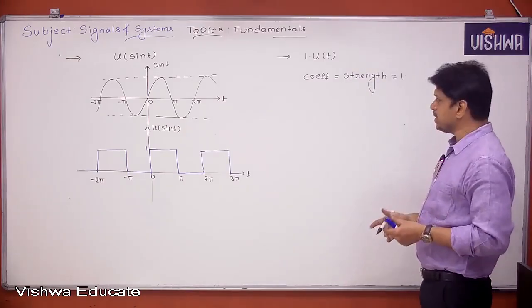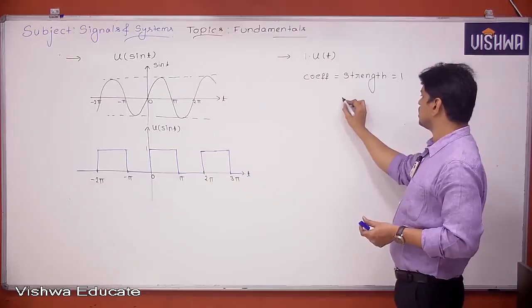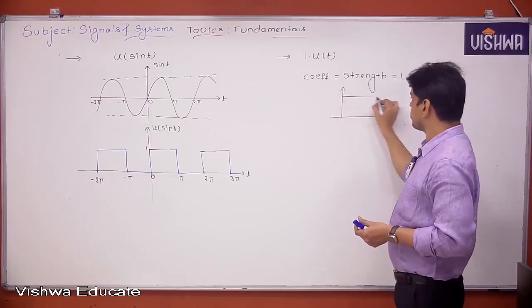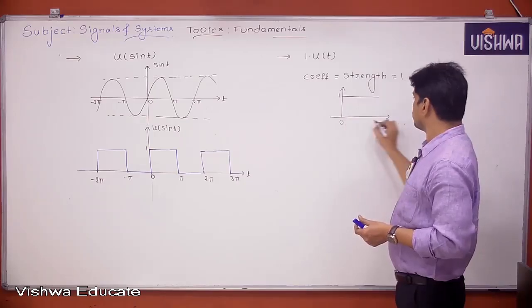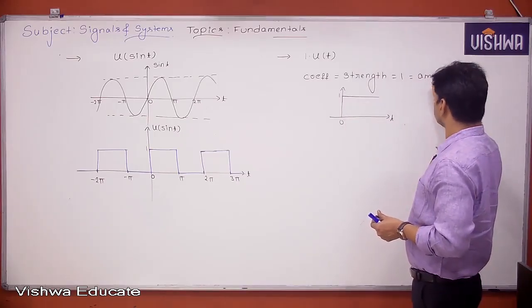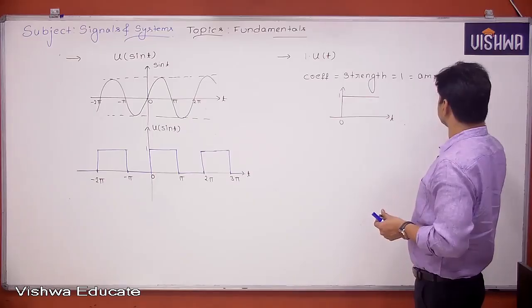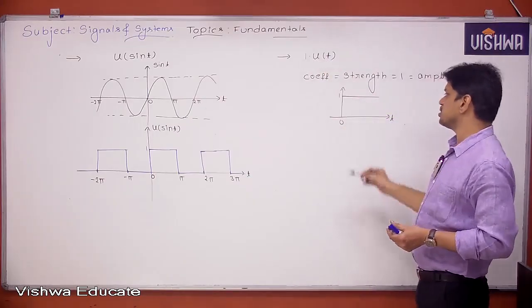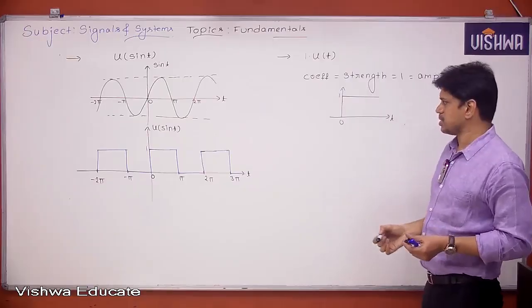What does that 1 indicate? The u of t curve looks like this. That is nothing but the amplitude of the curve. If I write 2 u of t, that means its amplitude is going to be 2. That is as simple as that.